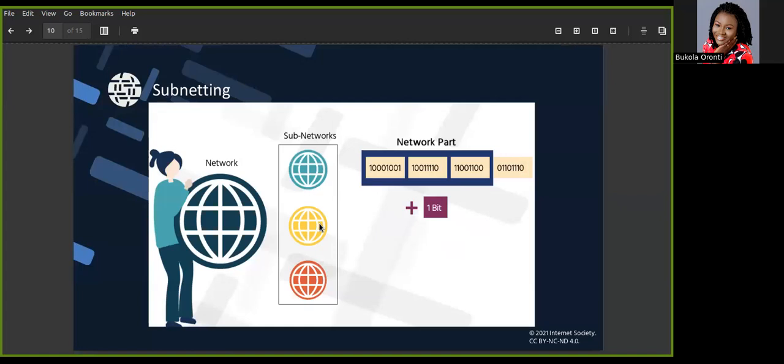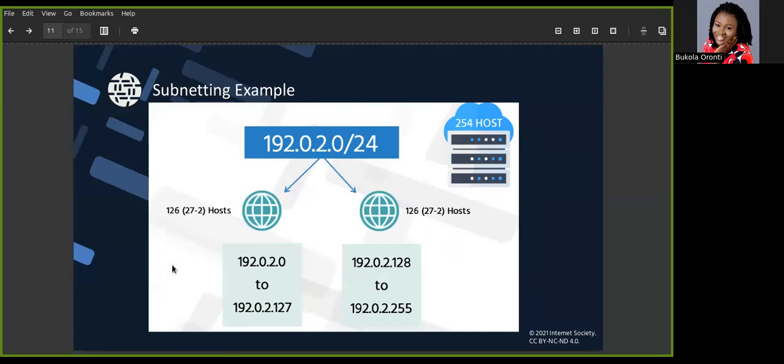So the subnetting, how can we break IP addresses? Now this is an example. We are allocated an IP address of /24, and then we want to separate the network. For example, our organization received a /24 IP address, and maybe in that organization we have 2 units.